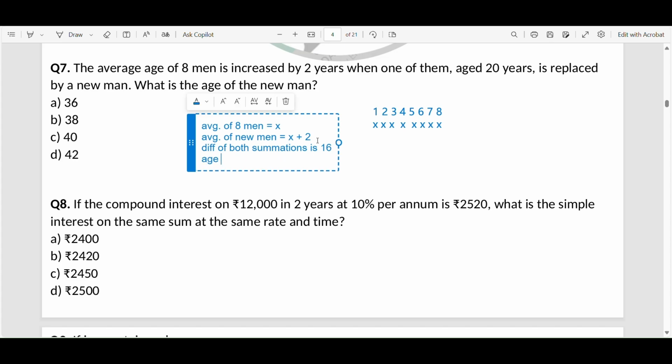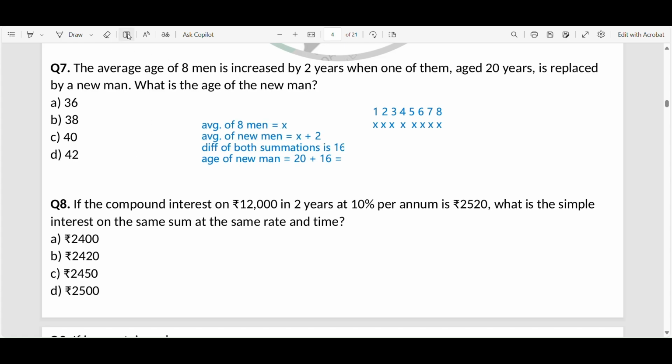So the age of the new man would be 20, because the replaced man is also there, plus 16. That means the age was 36, right? So I hope you all understood, and yes, the answer was 36, right?